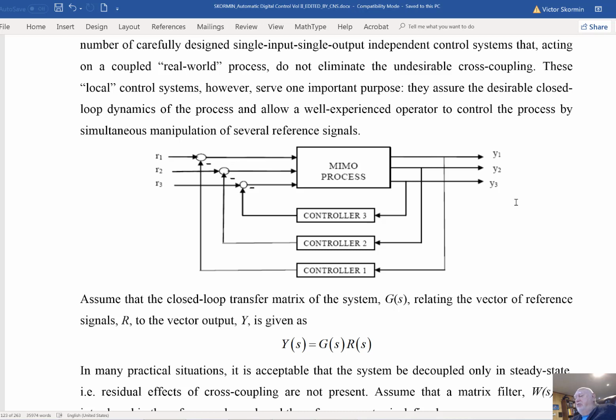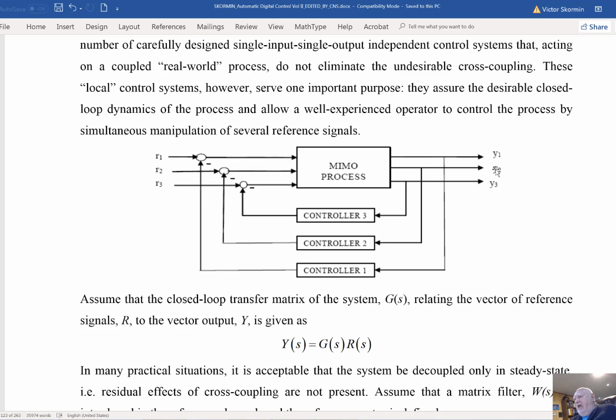What do I have to do if I want only Y1 to change? I have to figure out how to simultaneously apply signals to R1, R2, and R3 such that Y1 will change as a result of all 3 input signals.